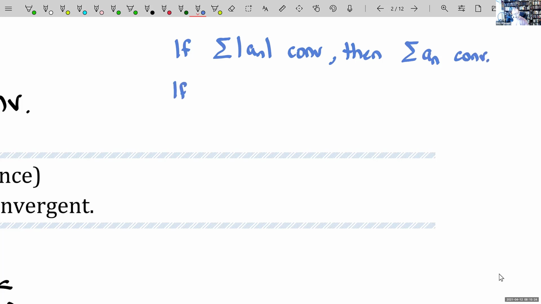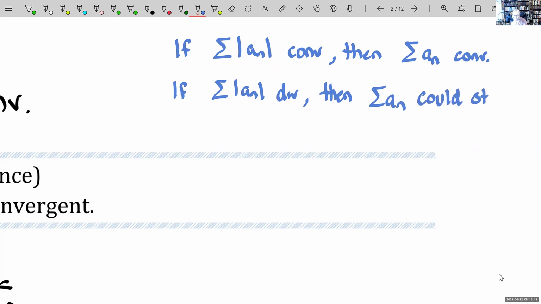If the absolute value of a series diverges, then the original series could still converge. Just because the absolute value of a series diverges does not say anything about the original series. The original series you still have to test.